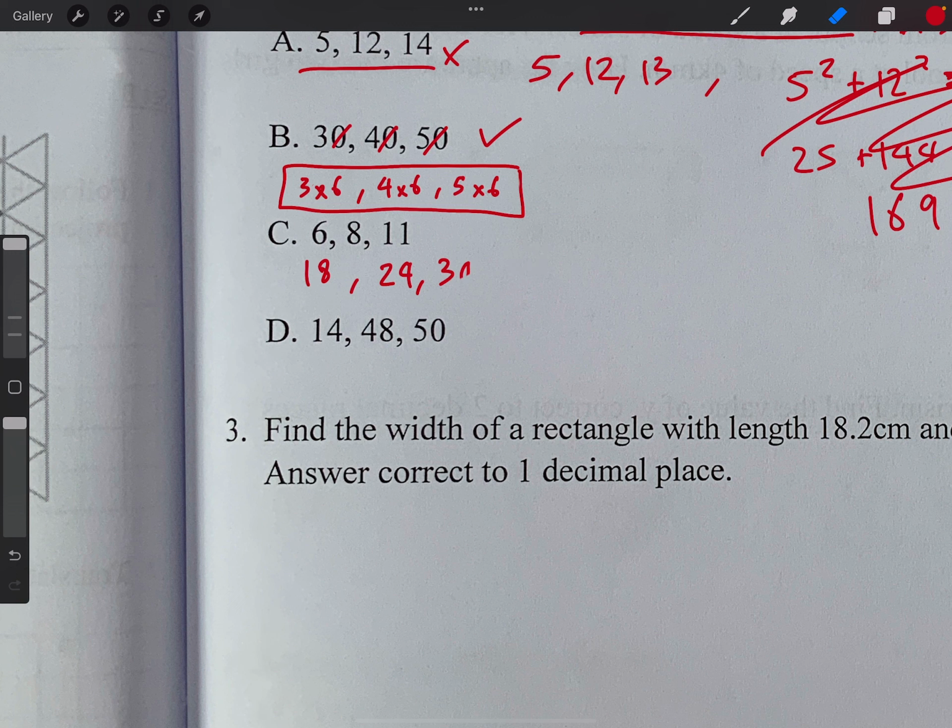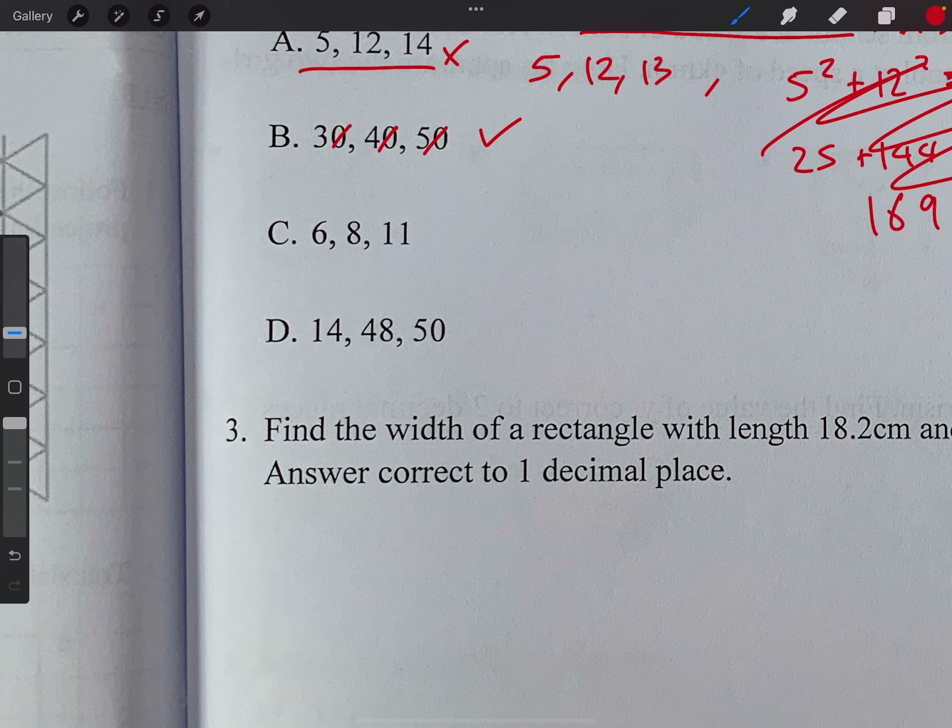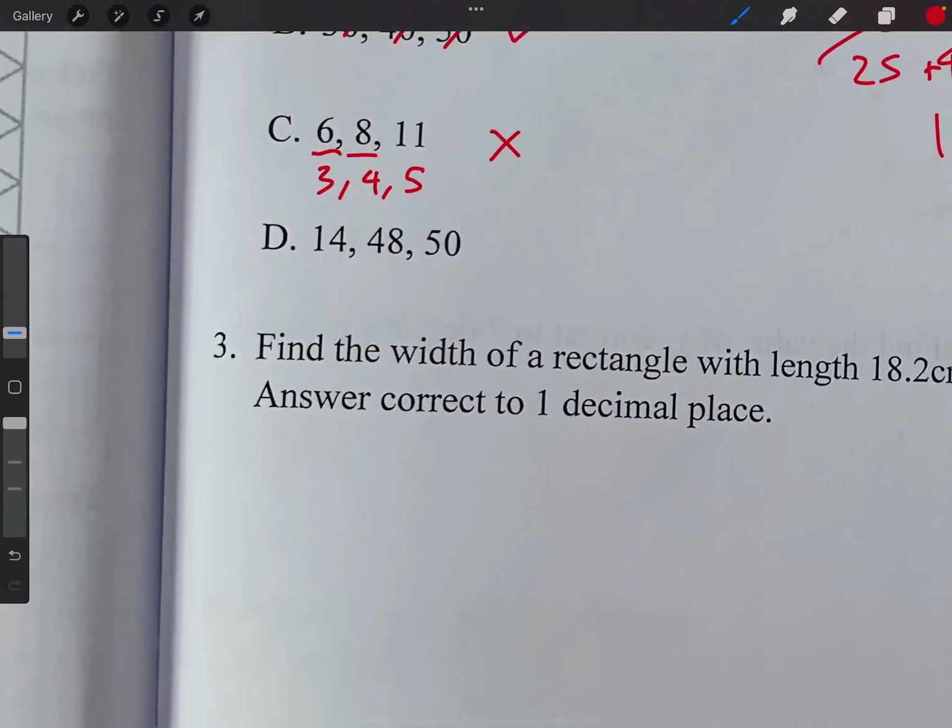As long as you can simplify these numbers and get 3, 4, and 5, then yes, these numbers make up a right angle triangle. Now 6, 8, and 11. If we divide this by 2, you're going to get 3. Divide this by 2, you're going to get 4. The next number should be 10. If we divide it by 2, we should get 5, but it's 11. So this is not a Pythagorean triad.